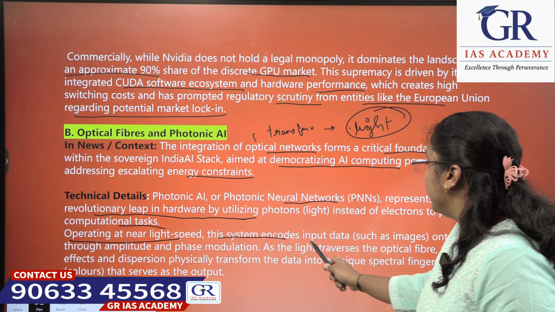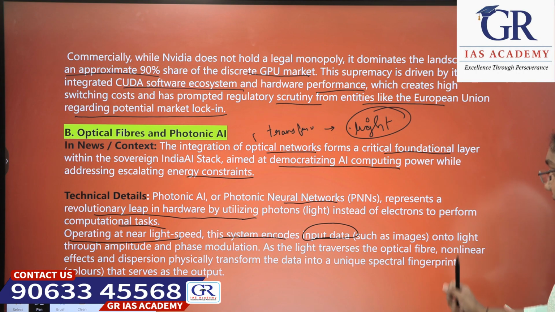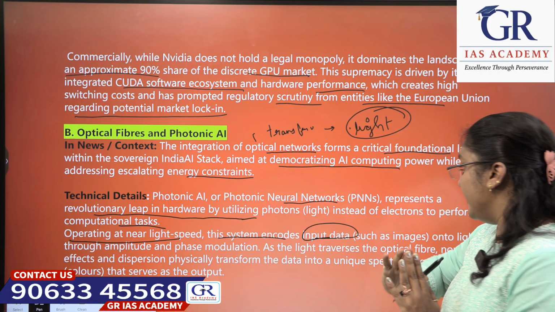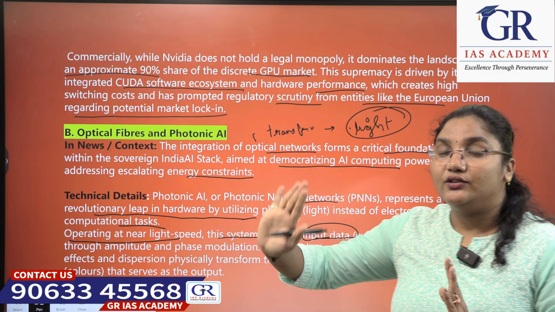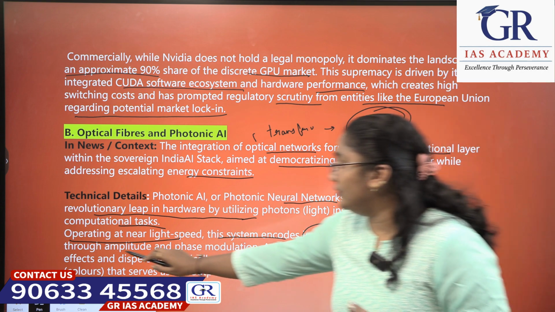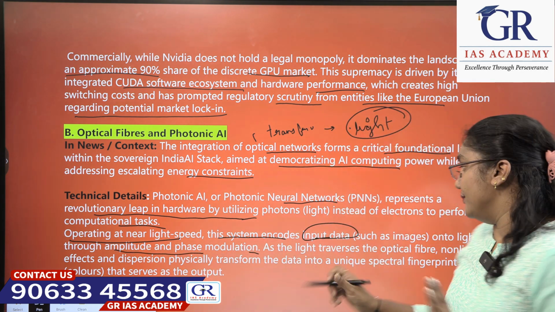This system encodes the input data, such as images, onto the light through amplitude and phase modulation.